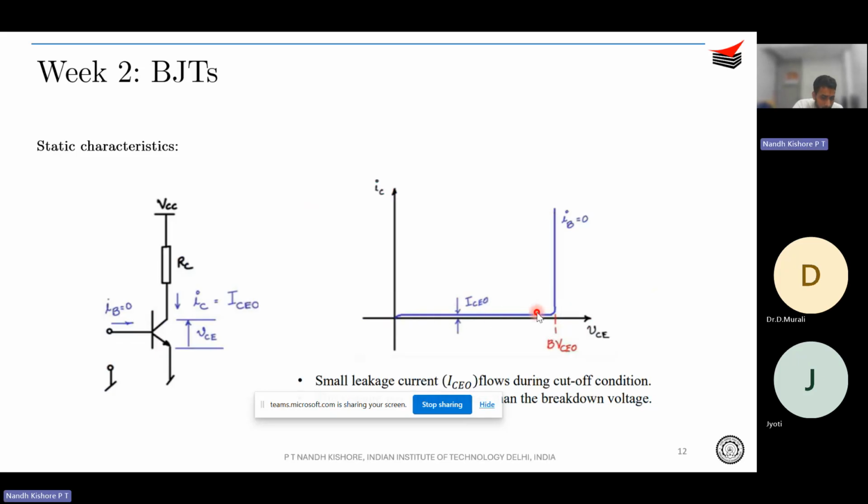But once you exceed the voltage rating, the device would break down and get damaged, and obviously there would be a short circuit. So there will be a huge current even though you have not provided any base current. That is, you wanted the device to be off, but since you have exceeded the voltage limit, there would be a huge current. That is something you don't want anyway.